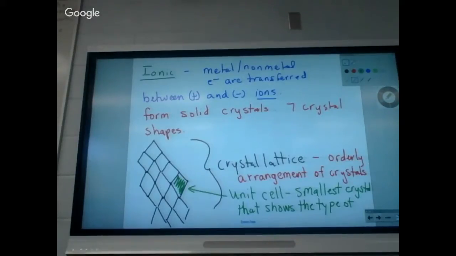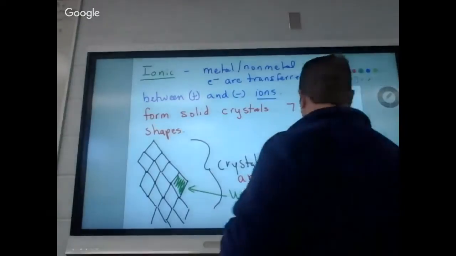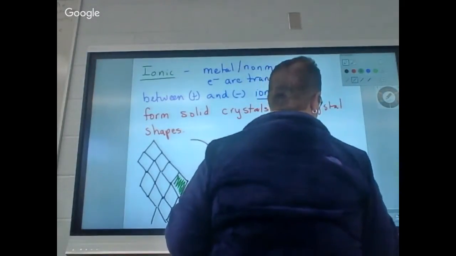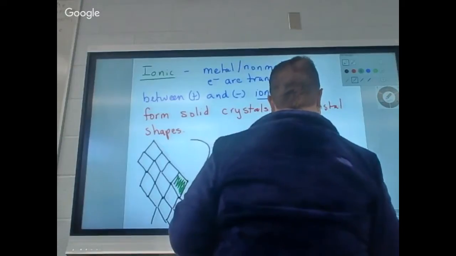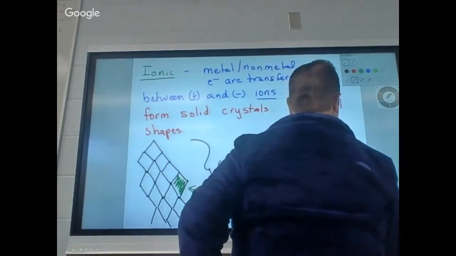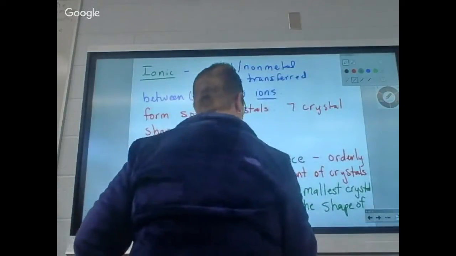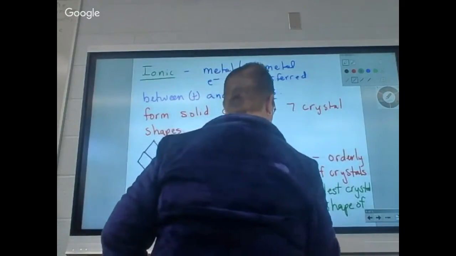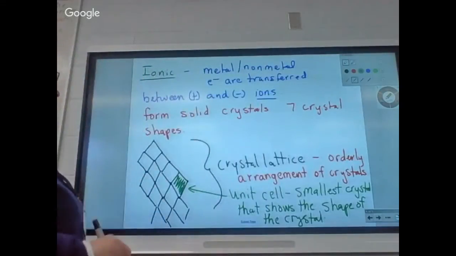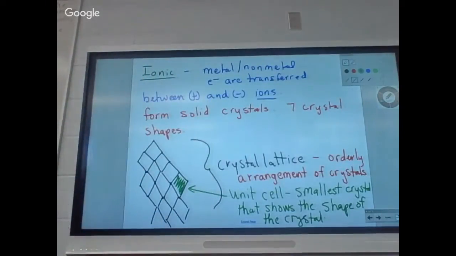All right, it's the smallest crystal that shows the, let's say shape, instead of type. Say shape of the crystal. Okay, now I'm attempting to draw something that's sort of diamond shape.